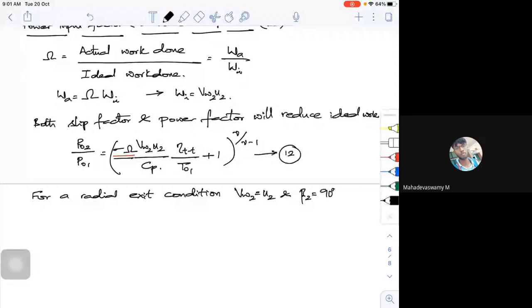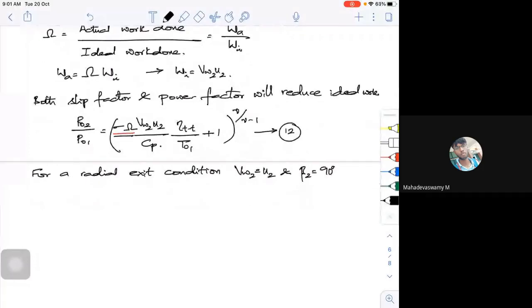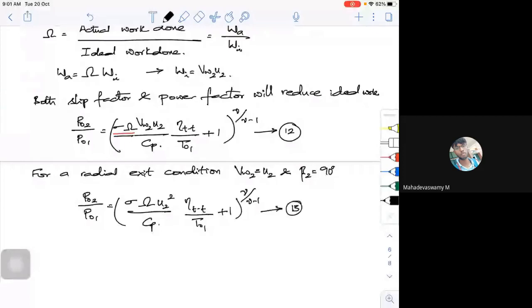So for this condition, I can write P02 by P01 is equal to sigma into omega into U2 square divided by Cp into the total to total efficiency divided by T01, plus 1, whole to the power of gamma by gamma minus 1. I'm calling this expression number 13.